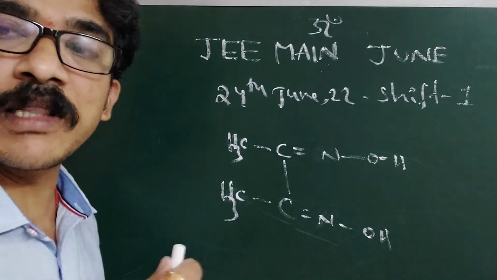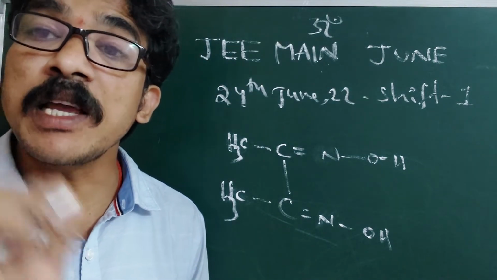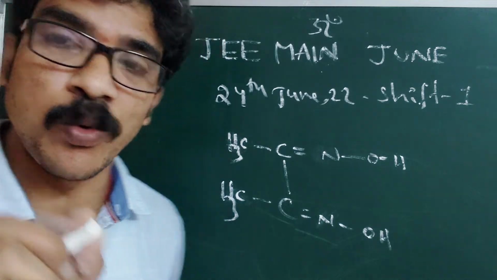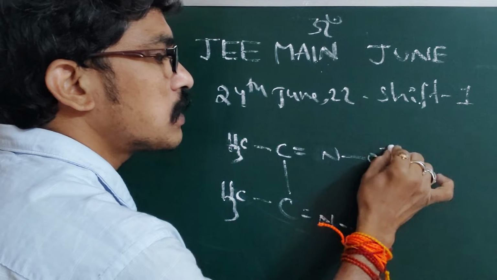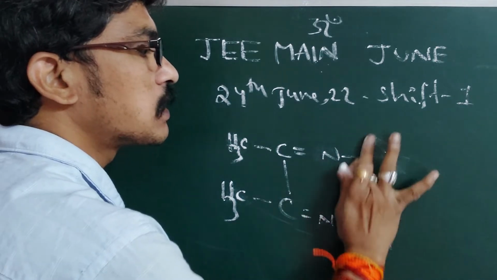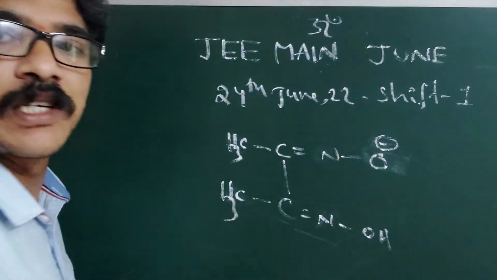This is called dimethyl glyoxime. But DMG means dimethyl glyoximato, that means it loses one H+ from this one. This becomes O minus, so one negative charge.